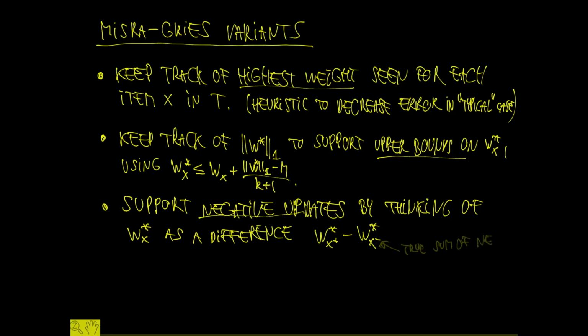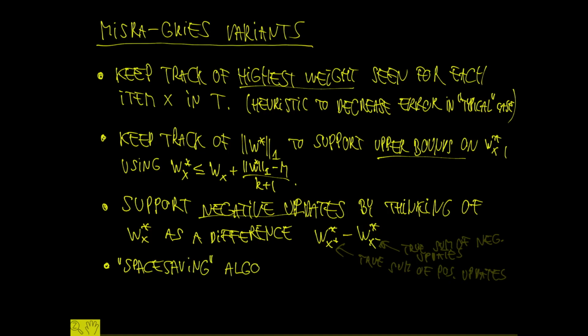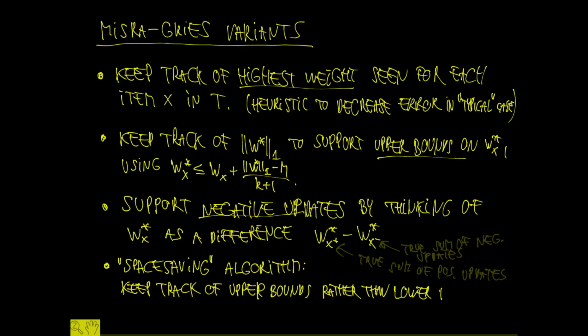And we put both of these values into the sketch and estimate the true sum of negative updates and the true sum of positive updates. The so-called space-saving algorithm is a variant of Misra-Gries that was independently discovered that keeps track of upper bounds rather than lower bounds. It's discussed in section 3.3 in the book, where they also argue that it's actually equivalent to Misra-Gries in the sense that one can be translated to the other.